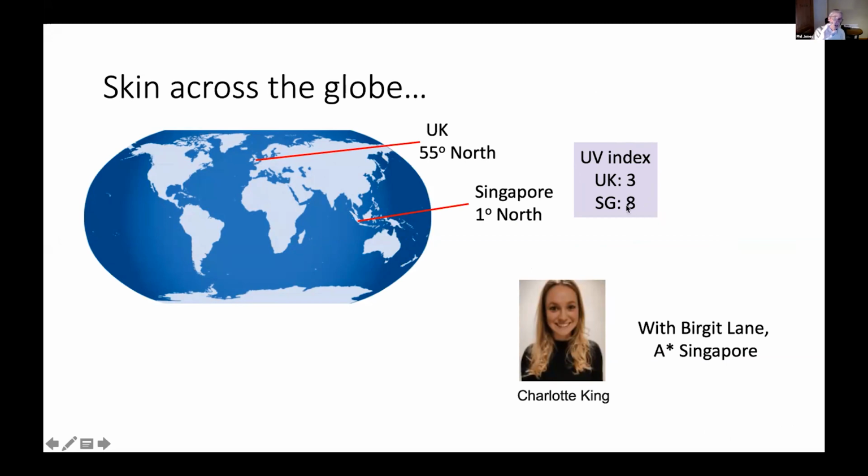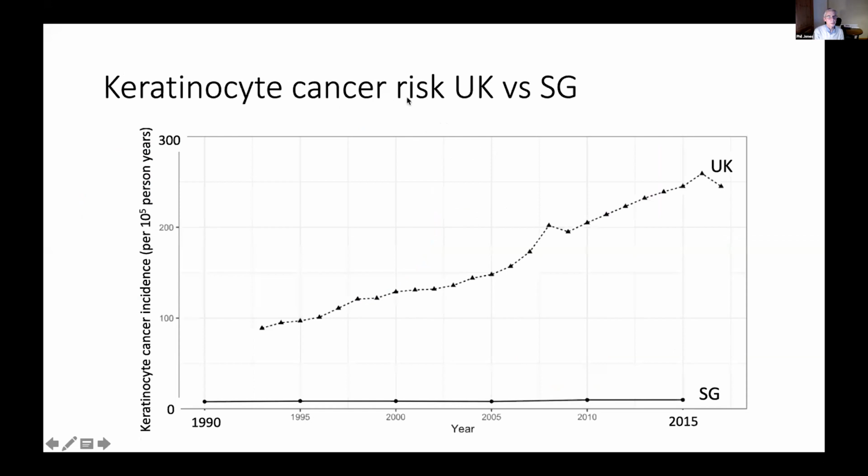There are differences in the germline if you compare Singapore and the UK, so positive selection in Singapore population for not only skin pigment genes, but also other gene loci that might protect against UV light exposure. But the really dramatic difference is when you look at skin cancer incidence. So the UK has a tsunami of keratinocyte cancers. Singapore, the incidence has hardly changed.